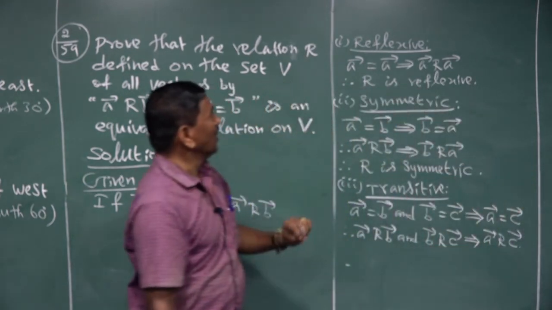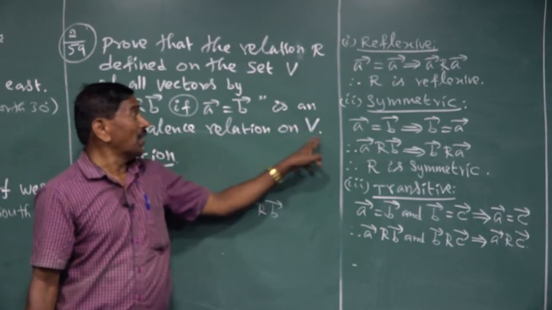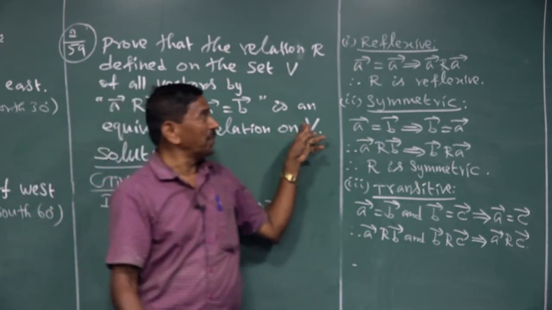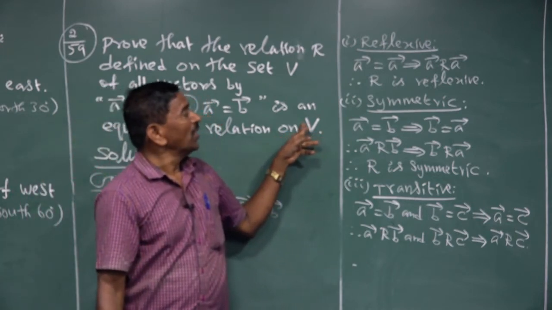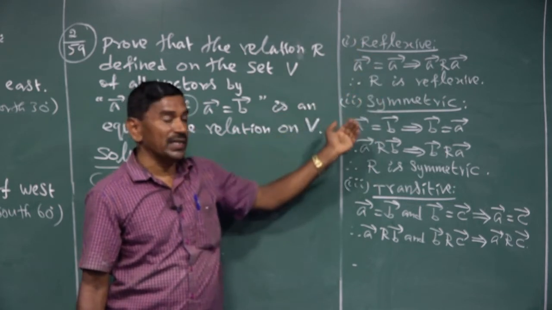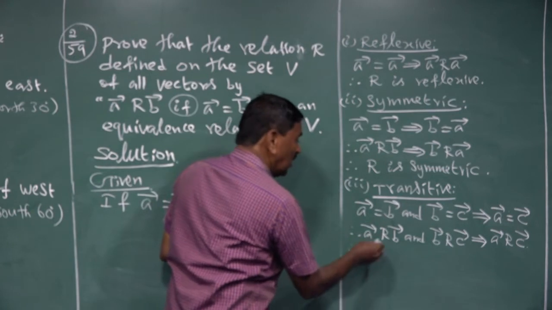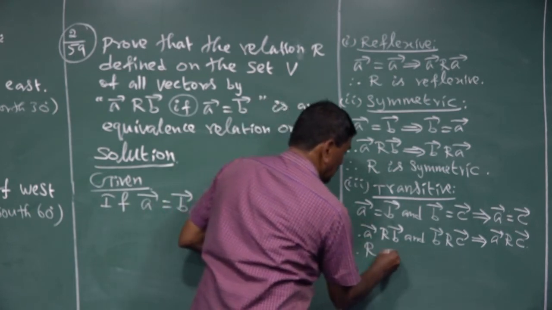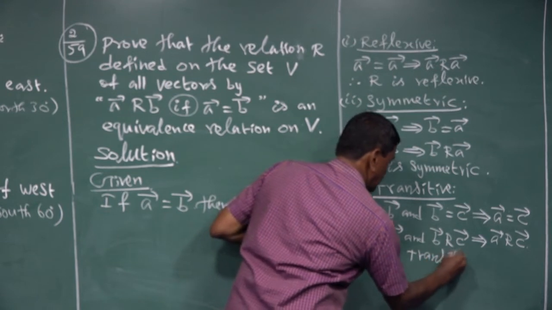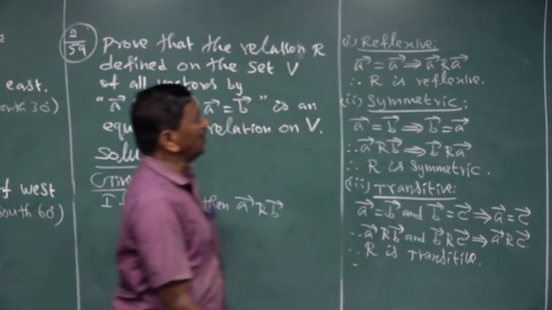Okay. Here, the non-empty set, the set of all vectors, satisfies all the three properties. So here the relation R is reflexive, the relation R is symmetric, the relation R is transitive. Here the third one is the relation R is transitive.